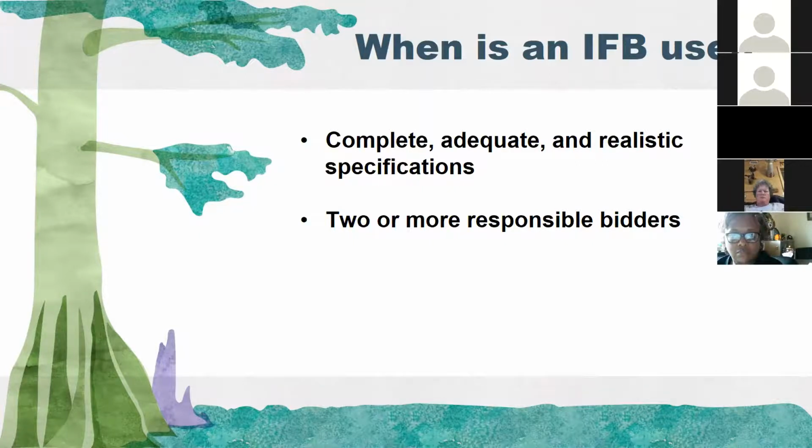As we saw in the last slide, bids may be awarded based on a lump sum price to one bidder, a line item award based on the unit price that is awarded to multiple bidders, or a combination award to multiple bidders based on items that are grouped. The key is that bids are awarded to the responsible bidder whose bid, conforming with all the material terms and conditions of the invitation for bid, is the lowest in price.